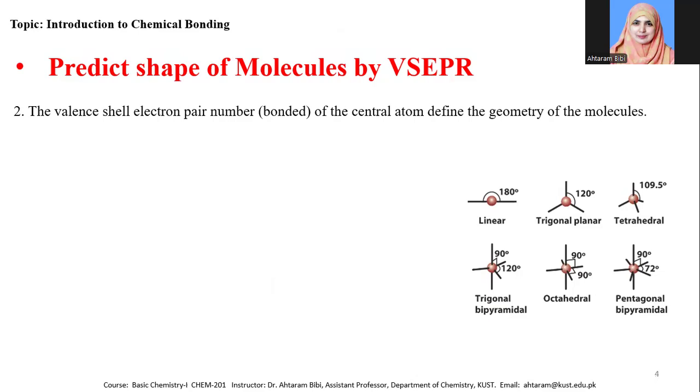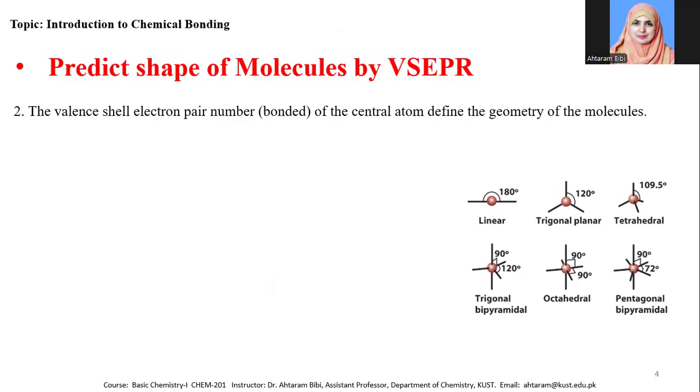In all these molecules, only the bonded pairs of electrons are shown. If there are four bonded pairs, then the structure will be tetrahedral. If there are five, then trigonal bipyramidal. If there are six pairs of bonded electrons, then octahedral. And if there are seven, then pentagonal bipyramidal. So these bonded pairs of valence electrons decide the shape of the molecule.